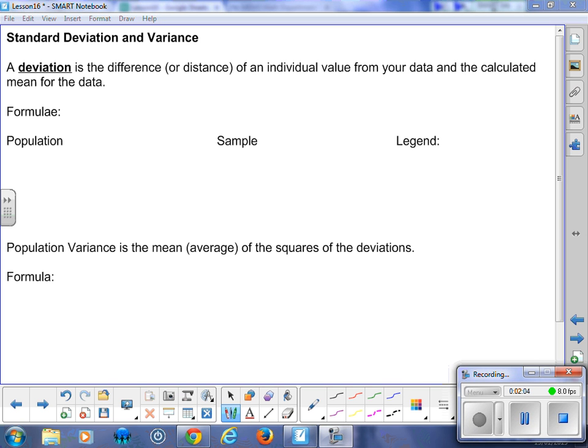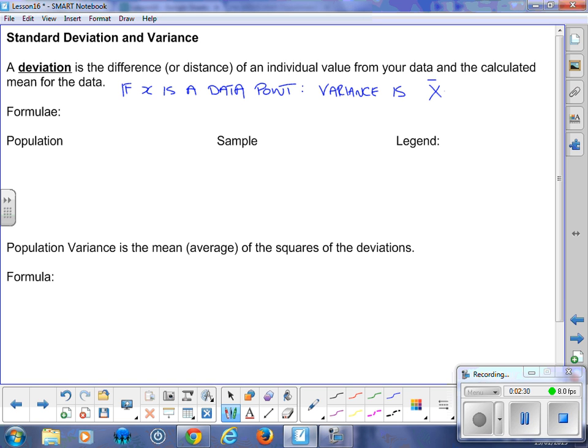So we have a couple of formulas that we need to deal with. I'm going to do a lead in here. If X is a data point, so I'm talking about any data point that you've collected or marked, then the deviation is your data point minus the mean.